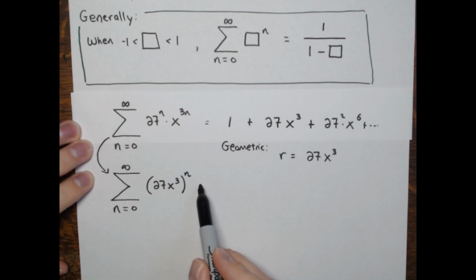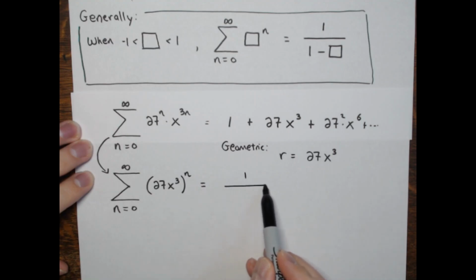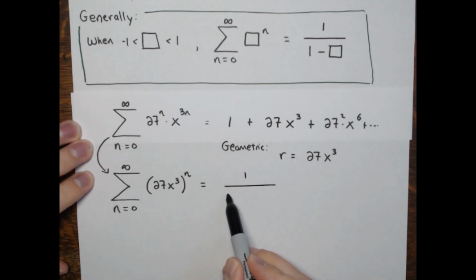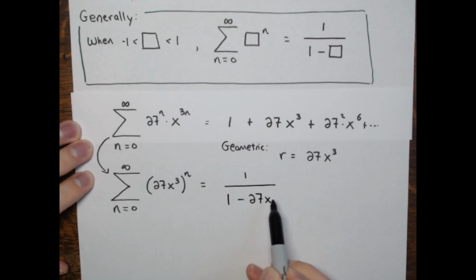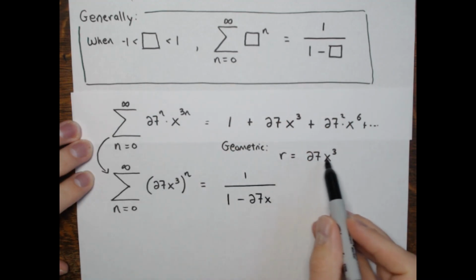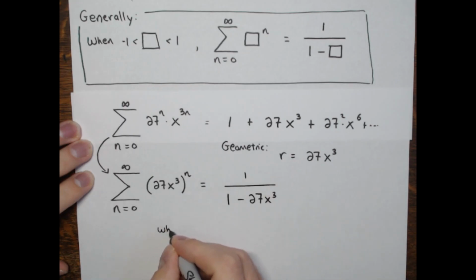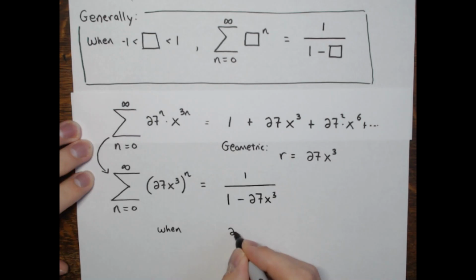And what this will converge to will be equal to 1, the first term of the sum, divided by 1 minus the common ratio. Again, the expression in the box here is the common ratio, 27x cubed, when 27x cubed is between -1 and 1.